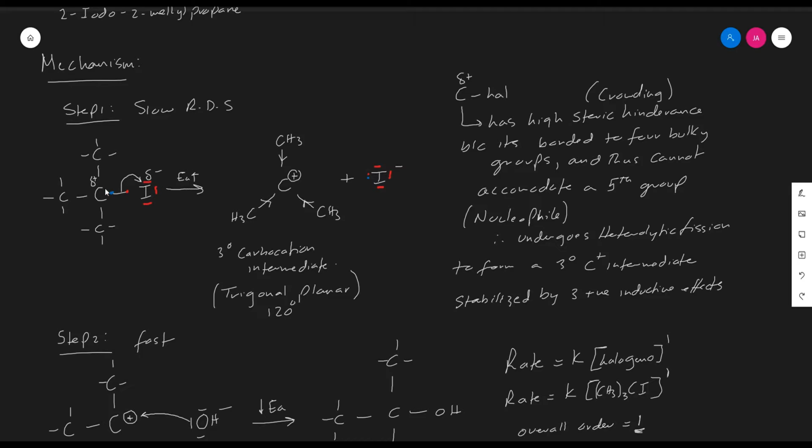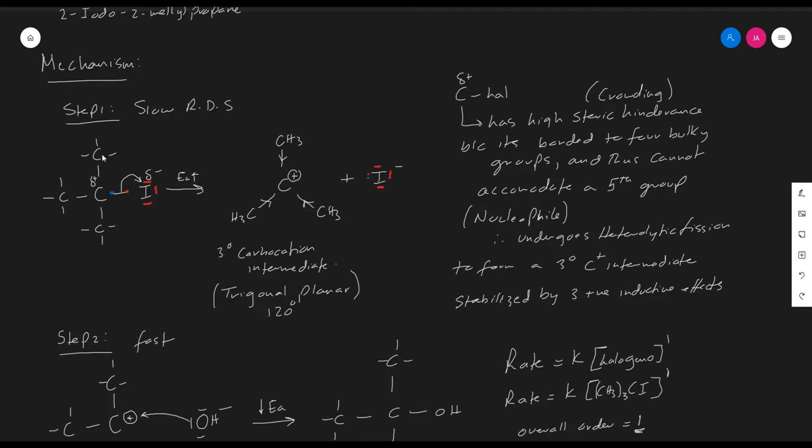Thus, the steric hindrance is somewhat high here, and there's no way for the nucleophile, which in this case is the hydroxide ion, to approach the partially positive carbon due to high crowding or high repulsive forces.